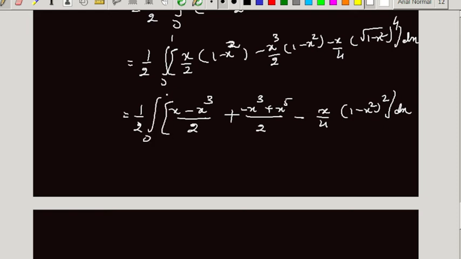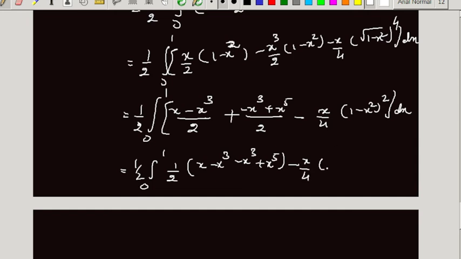So first, before integrating, we simplify this one. Here denominator 2 is there. So we write it as 1 by 2 of x minus x power 3 minus x power 3 plus x power 5, minus x by 4 into 1 minus x whole square, which we can write as 1 plus x power 4 minus 2 times x square.